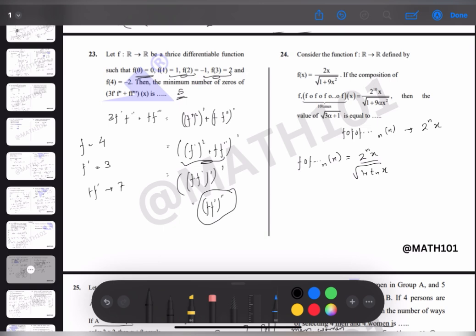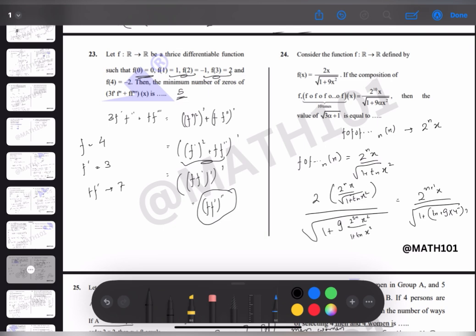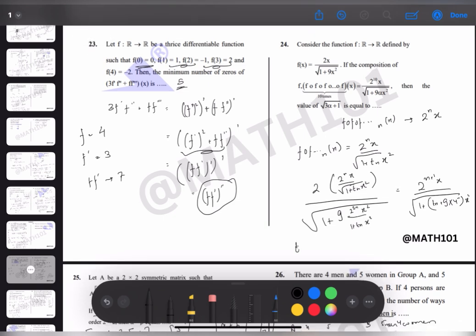So n plus 1 would be 2 to the power of 2 into 2 to the power nx upon root, sorry, we'll have a square here, upon under root 1 plus 9 into 2 to the power of 2n x square upon 1 plus tn x square, which is equal to 2 to the power n plus 1 x upon under root 1 plus tn plus 9 into 4 to the power of n x square, which implies tn plus 1 equals tn plus 9 into 4 to the power of n.